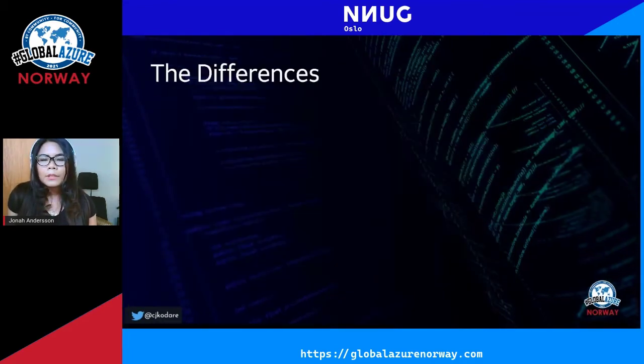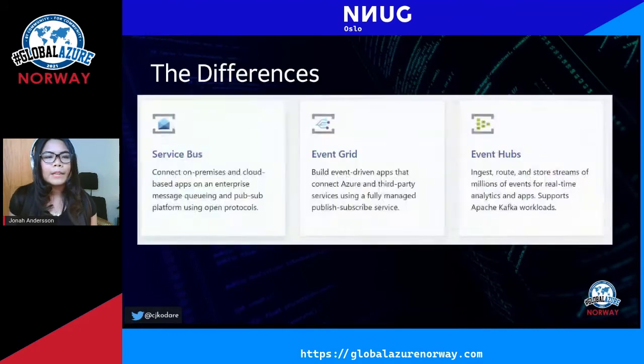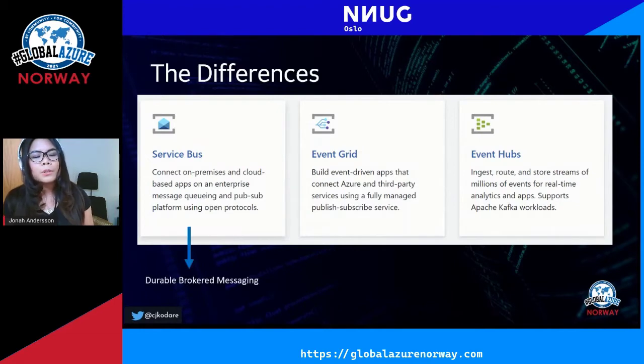There's a common question about the difference between these three, for example Service Bus, Event Grid, and Event Hubs. Service Bus is a durable brokered messaging service in the cloud, which means there is a broker or mediator in the relay of messages between the sender and receiver.